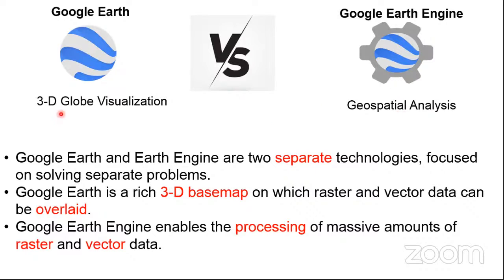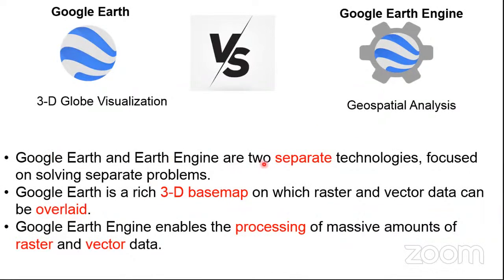Okay, so there is basically a difference between Google Earth and Google Earth Engine. As I said, Google Earth is nothing but a 3D globe visualization. With the help of Google Earth, you can only visualize satellite imagery, historical images, etc. But with the help of Google Earth Engine, you will be able to analyze those geospatial data sets.